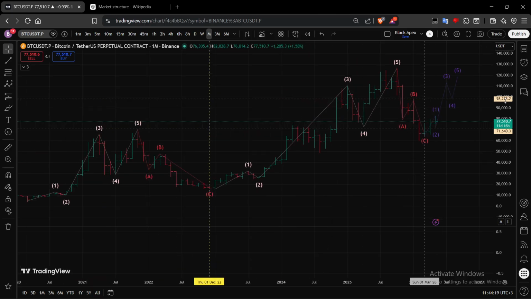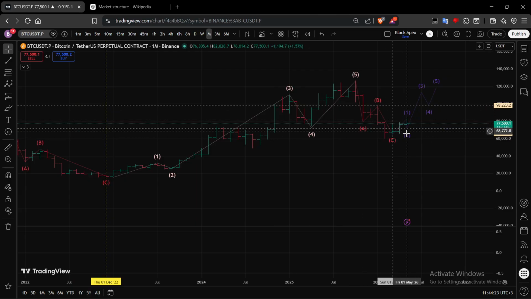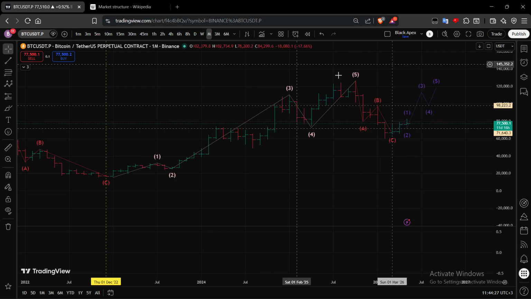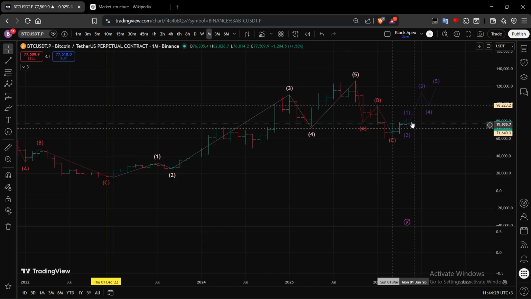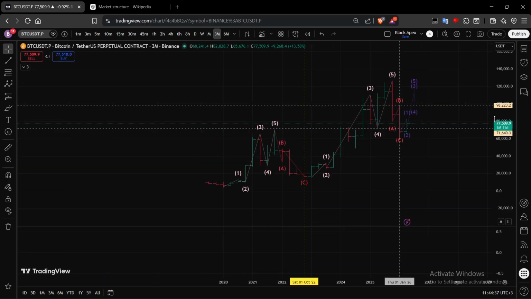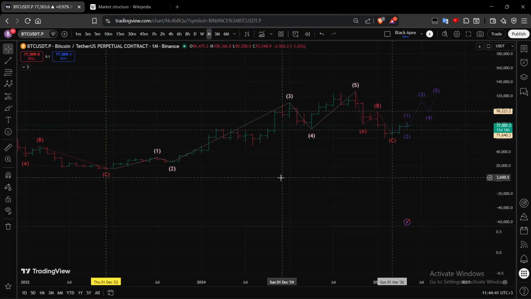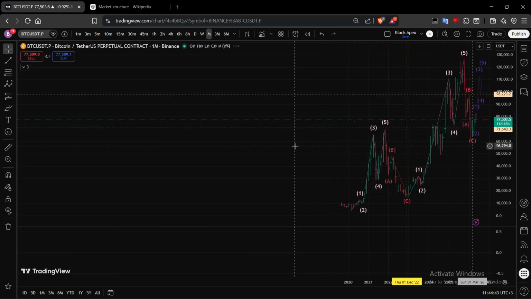As much as we seem to be in an impulse wave, we can also be in a corrective wave. So we should be very careful because we might be trading a wave two or a wave four, thinking that we're anticipating a breakout.